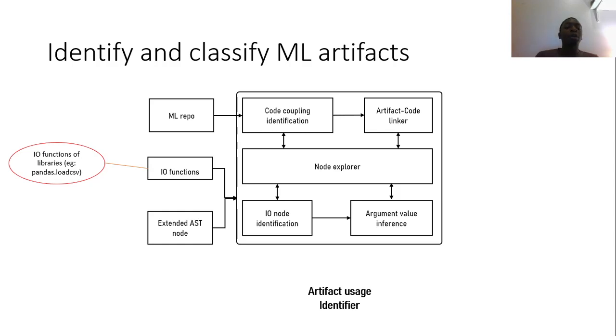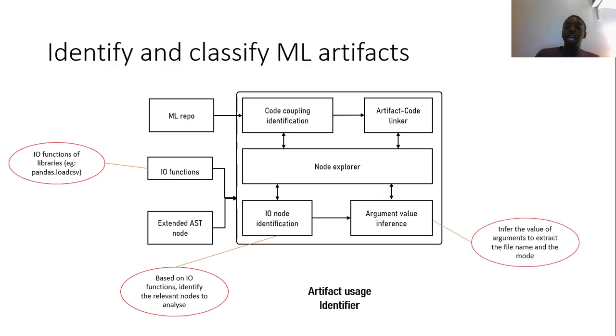So what we are doing is that we have a list of all these functions that can be used, and these functions are going to be used to identify relevant nodes in the code to be analyzed. And then the argument value inference is going to infer the value of arguments to extract the file name, and the mode can be input, for example, or output.